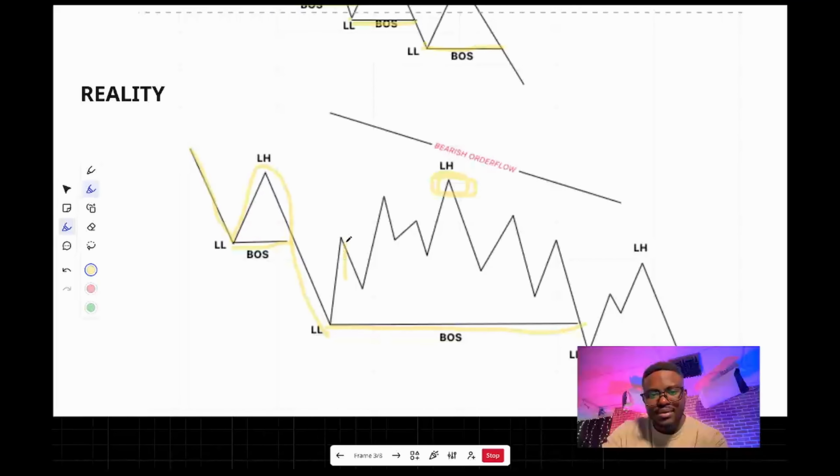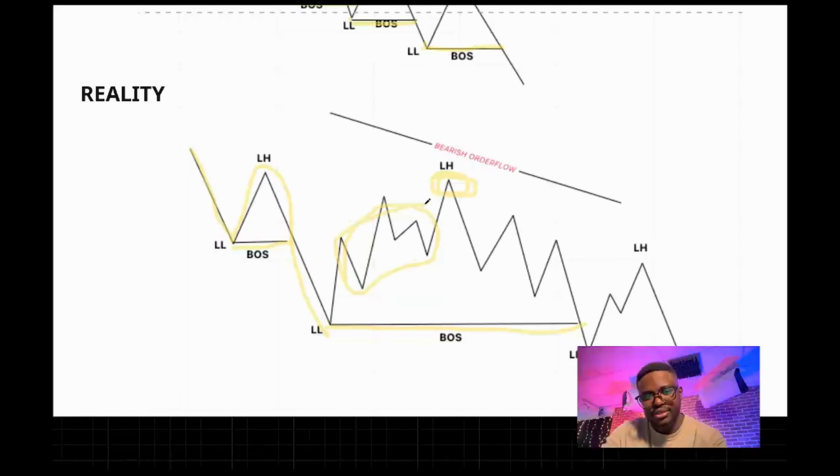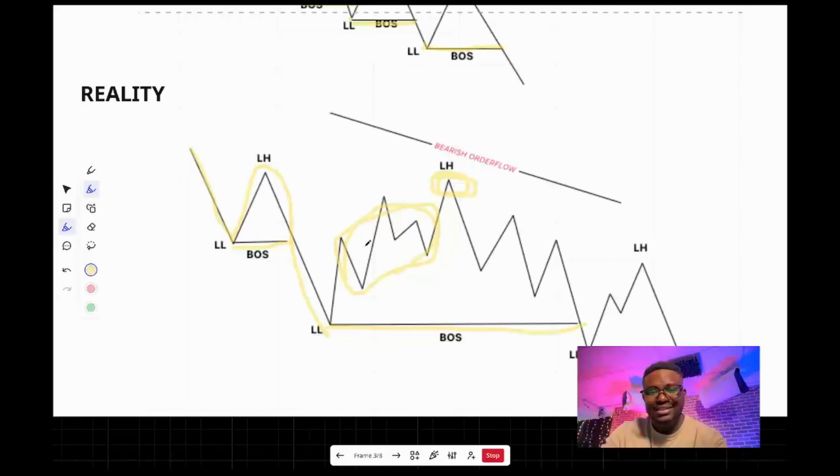Now, all this price action that you see right here, multiple candles, choppiness, consolidation, is just internal structure. And you don't even want to pay attention to internal structure. You only want to focus on the last high before the break of structure to be your lower high, and then the last low, which is the lower low.